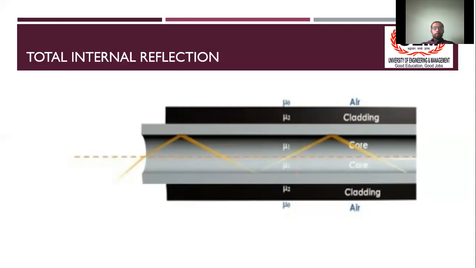Those properties and parameters we'll discuss in the next lecture. So this lecture introduces only the ray transmission model, total internal reflection and critical angle. Thank you for watching this lecture. We'll discuss the other parameters of the ray transmission model in the next class.